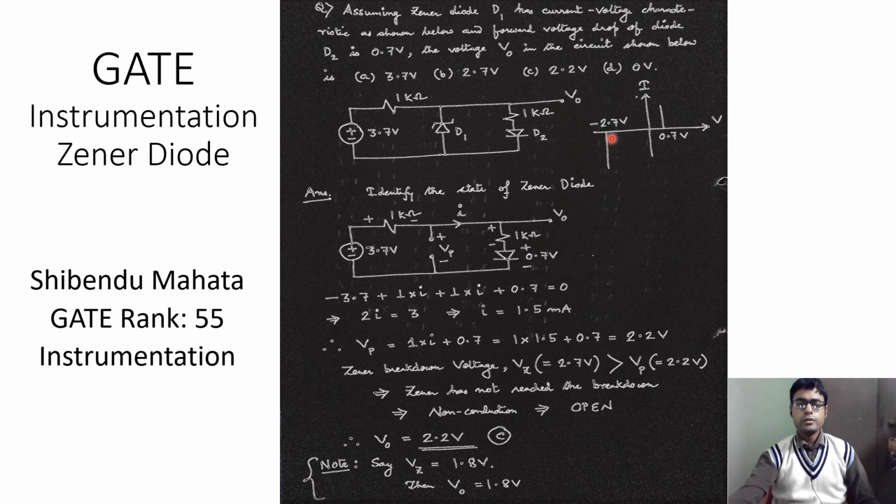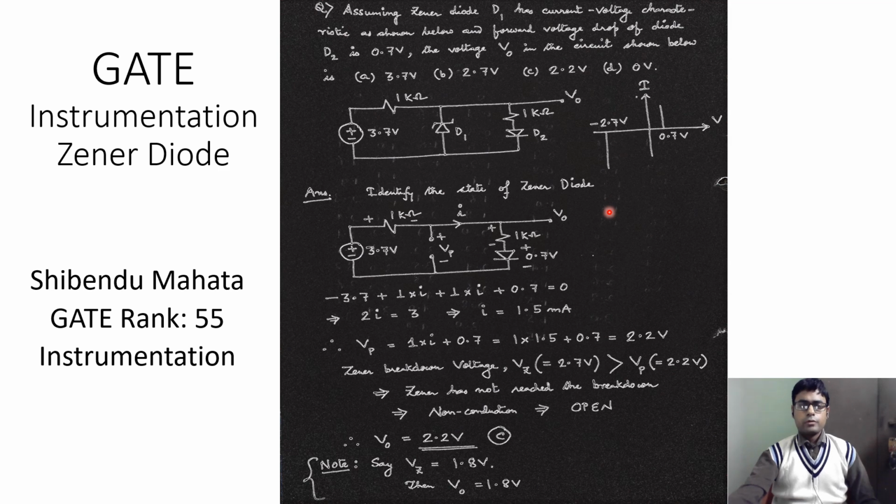In the reverse bias region, we can see that the breakdown voltage is equal to 2.7 volt. And from the position of this Zener diode D1, we understand that this will always be in reverse bias mode. It is not in forward bias condition, so this first quadrant is irrelevant to us.